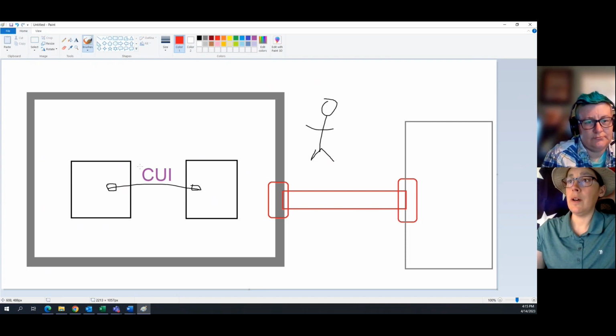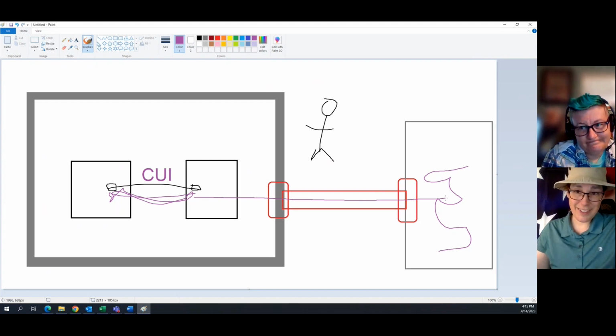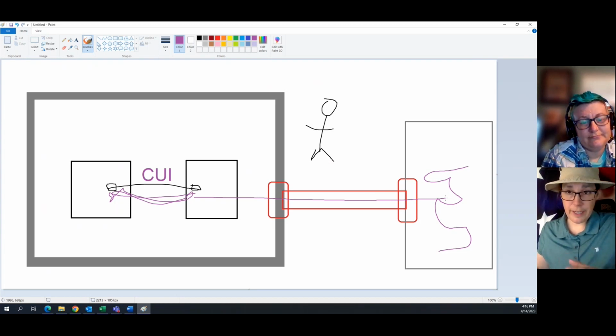So all of this CUI inside the buildings is unencrypted. It's unencrypted over here too. But when it goes between the buildings, it's encrypted and protected with FIPS. And that's kind of the default assumption. That's one reason, fun fact, why the FIPS validation prioritizes firewalls.